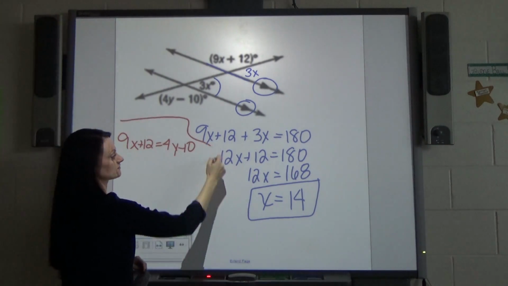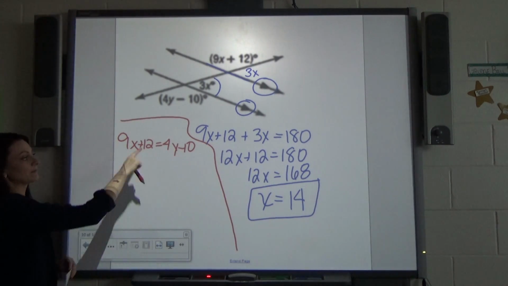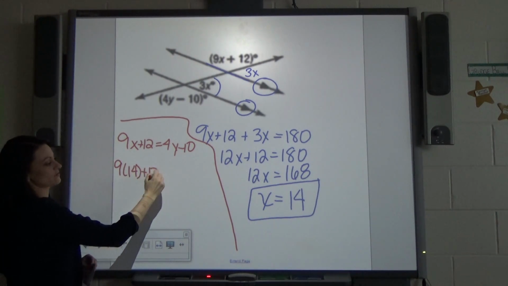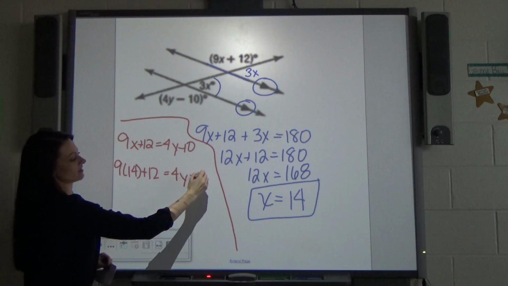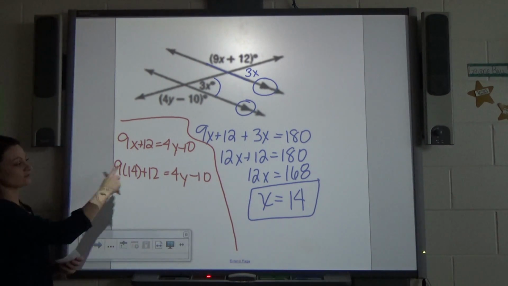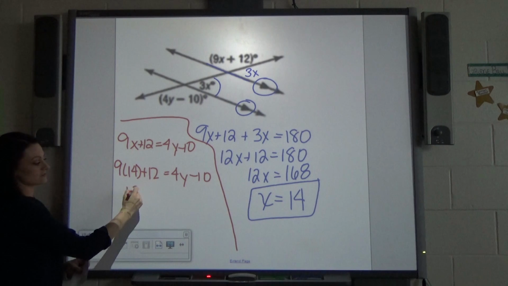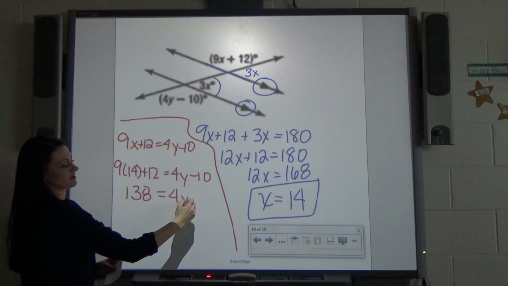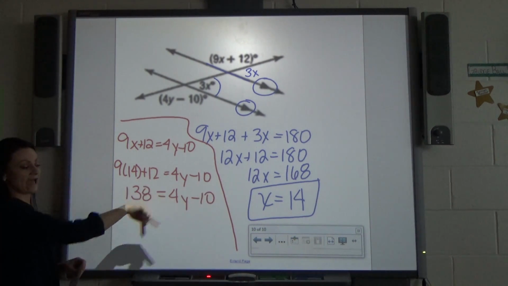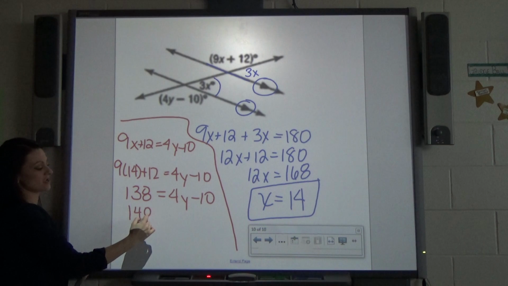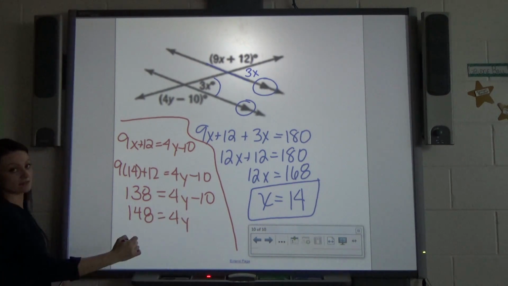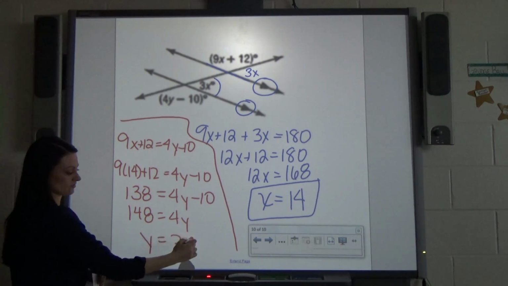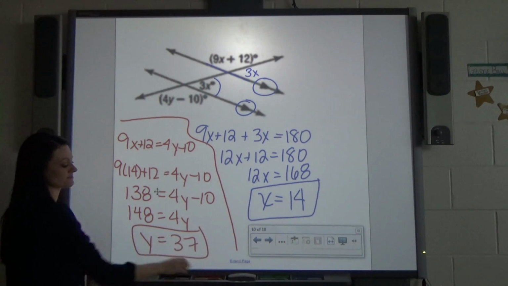But I already know what x is, so I can say that 9 times 14 plus 12 is equal to 4y minus 10. If you simplify this statement here, this ends up being 138, and that's going to be equal to 4y minus 10. Add 10, so I have 148 is equal to 4y. And last step, I'm going to divide by 4. So I have that y is equal to 37.